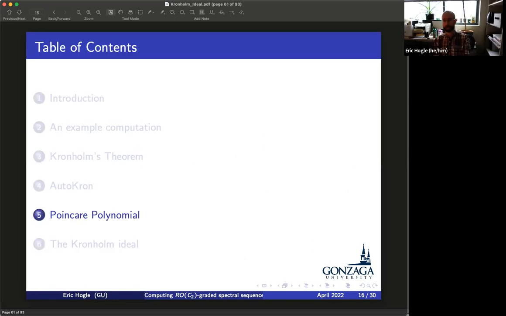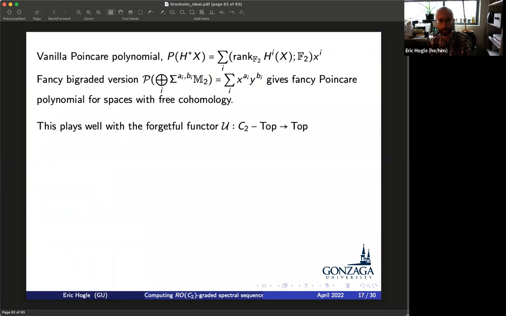So to do this, I'm going to need to start by generalizing the idea of the Poincare polynomial. The vanilla Poincare polynomial, the one you might be familiar with, says if you take a space and you take its cohomology, you can look at the rank of each dimension of the cohomology and make that the coefficient of x to the i for that power, and add those up, and you get a nice polynomial that tells you the information of the free rank of the cohomology of the space.